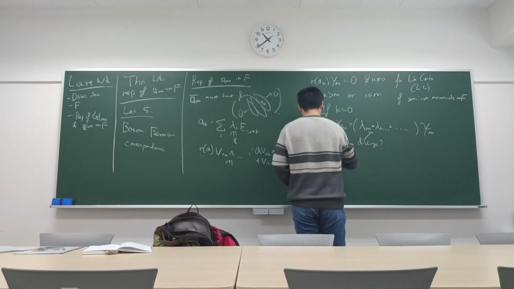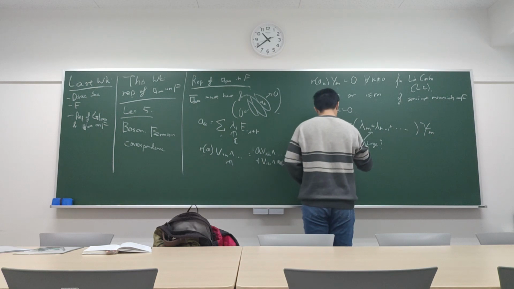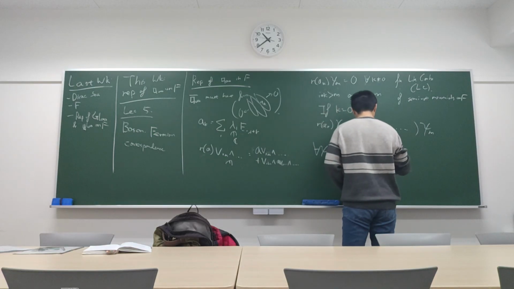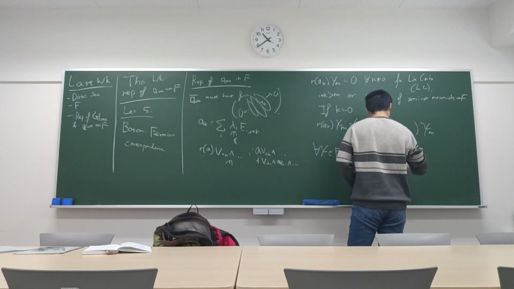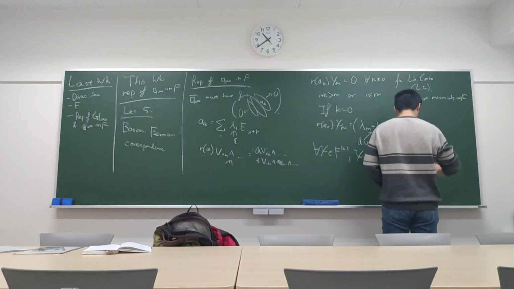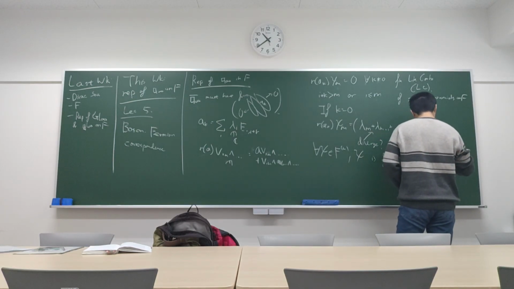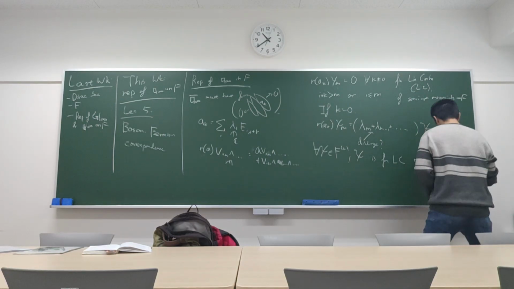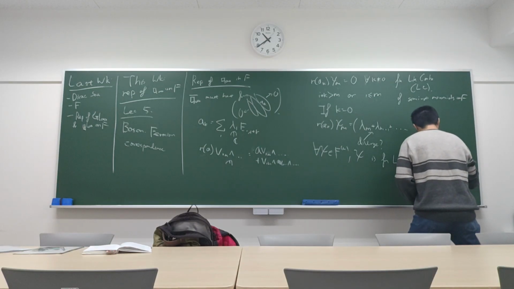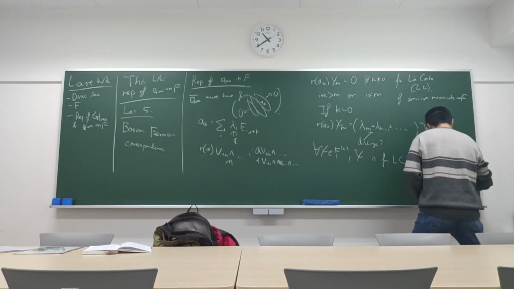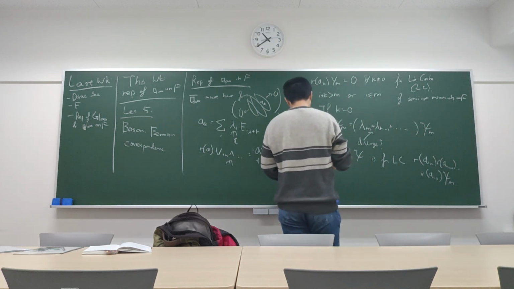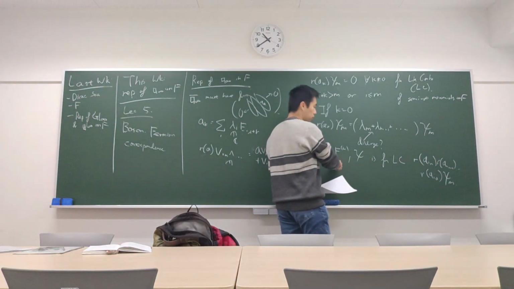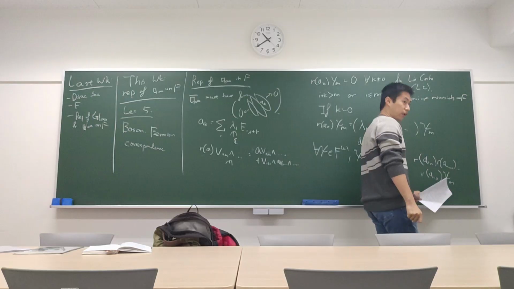So for all psi in this space, psi is a finite linear combination of some R of A_{i,M}, R of A_{i,M-1}. All this says is that every single element in F_M must be constructed from some excitation of the vacuum state.